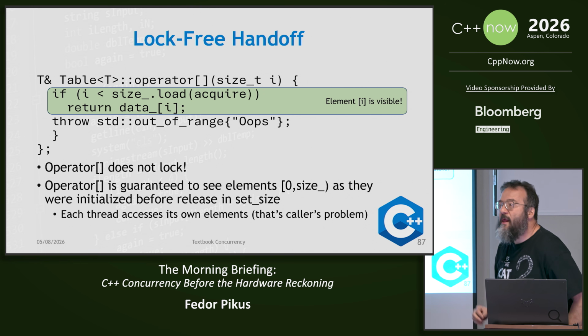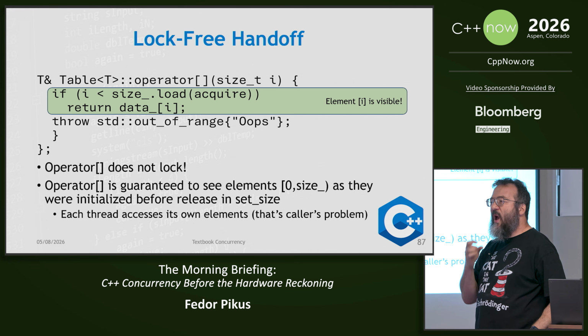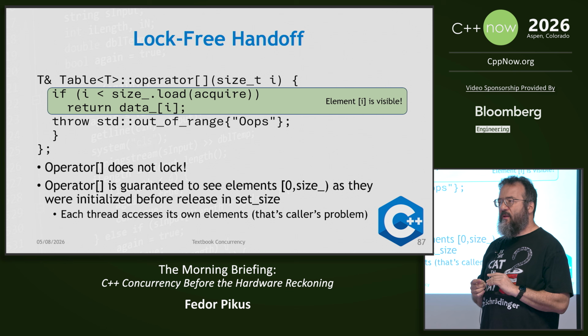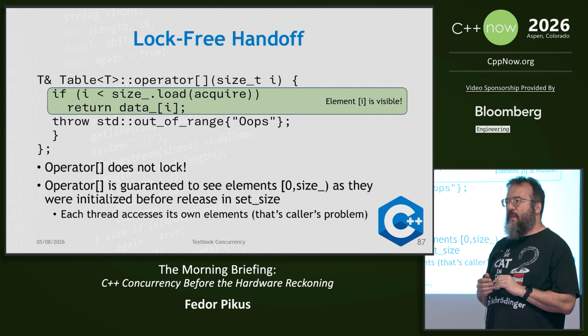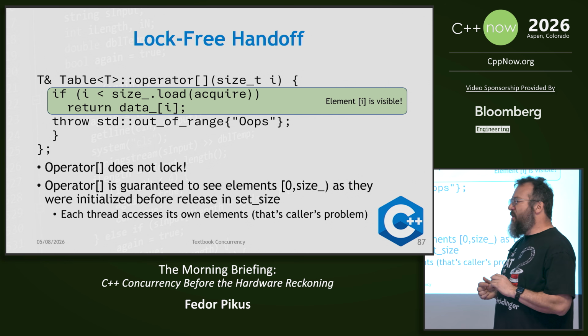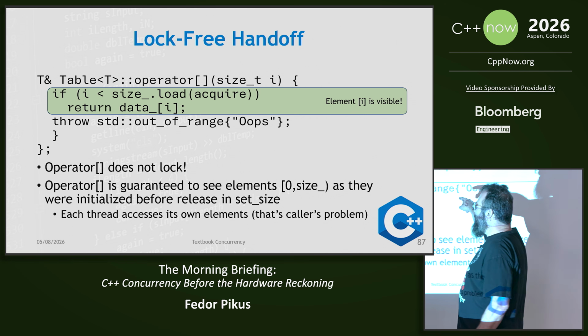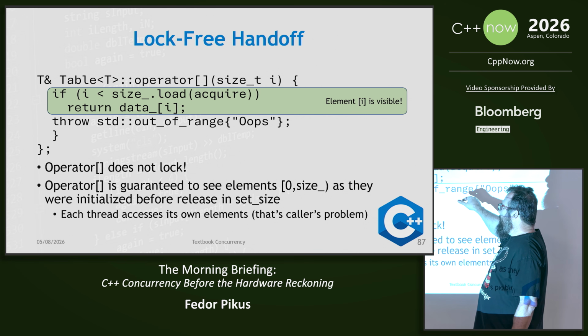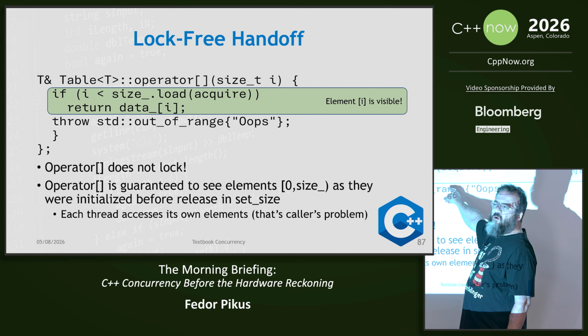Yes. So the win with this approach is that in this operator, we do this load, so that makes that cache line shared, but it doesn't invalidate it. Mutex locks are expensive. The win is that you can call these without exclusion guarantee.